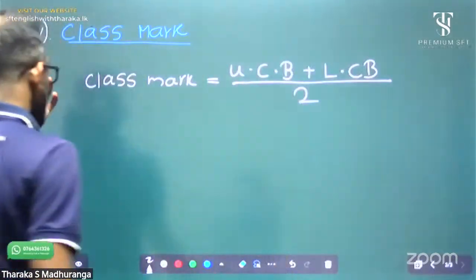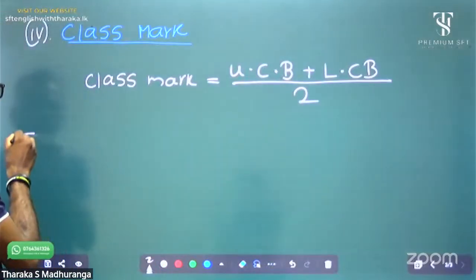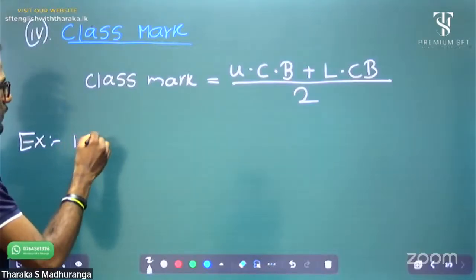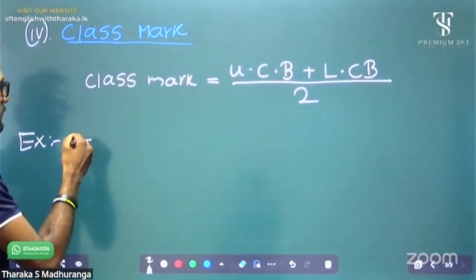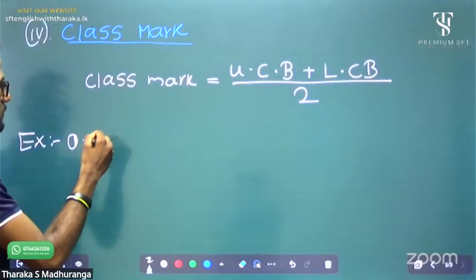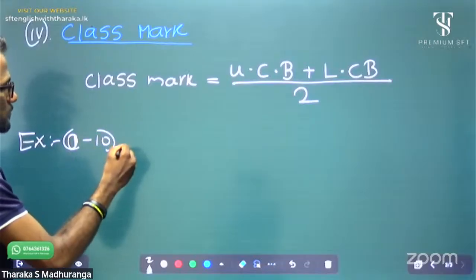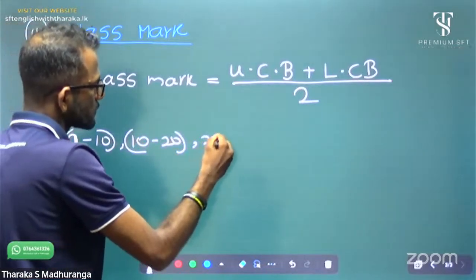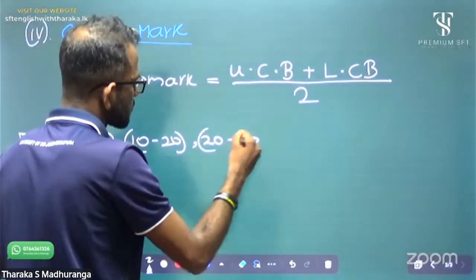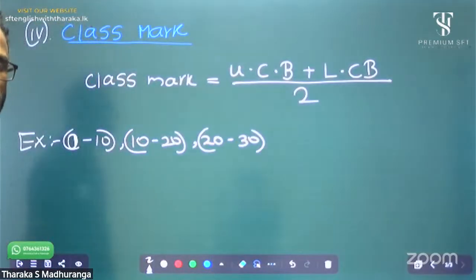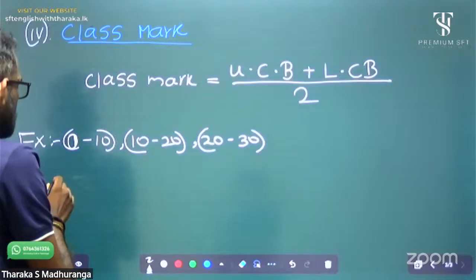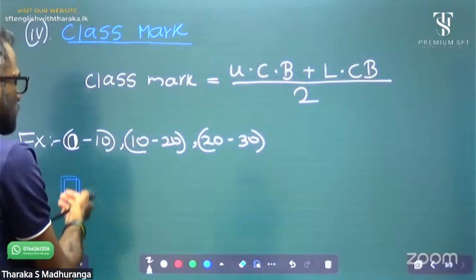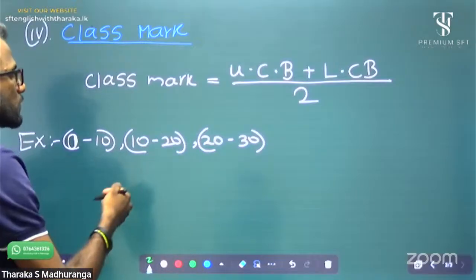Okay, then how to calculate the class mark? For example, the previous example: 0 to 10, 10 to 20, 20 to 30. How to calculate the class mark for this continuous one?